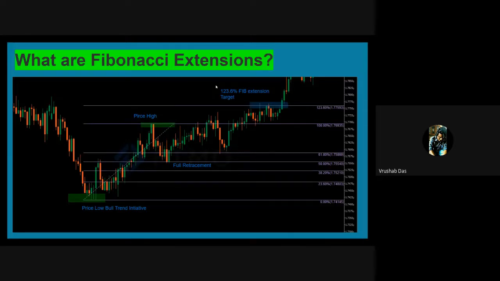Extensions can be laid out by simply using the Fibonacci retracement tool, and indicators automatically draw out the extension levels which price can reverse from. And what exactly do these Fibonacci extensions tell you, what do they indicate?